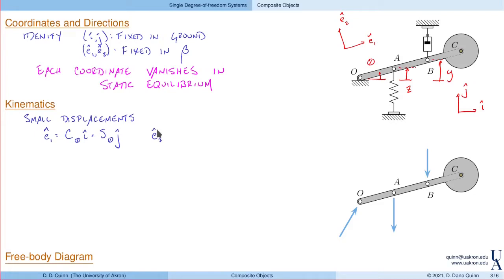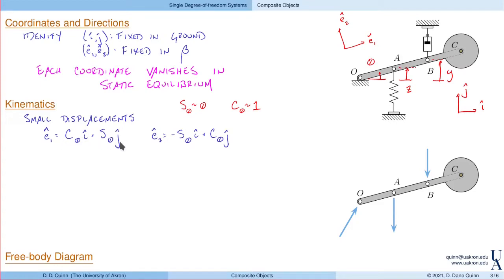And E2 is minus sine of theta in the I direction and cosine of theta in the J direction. But again, small displacements, sine of theta is approximately theta, and cosine of theta is approximately 1.